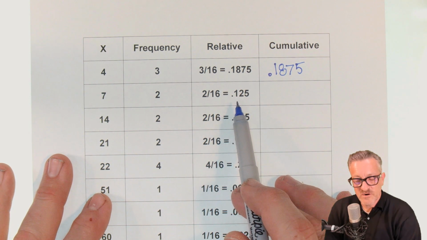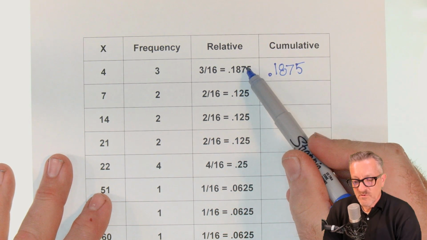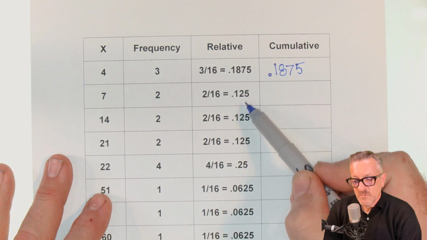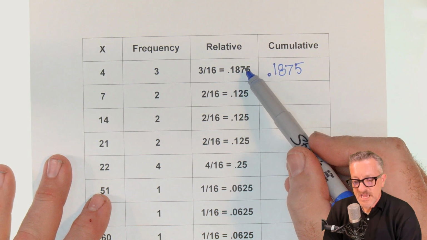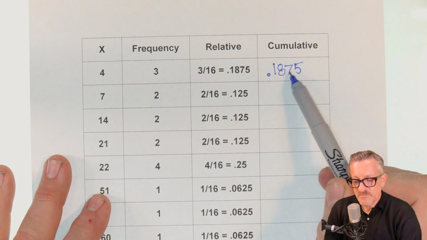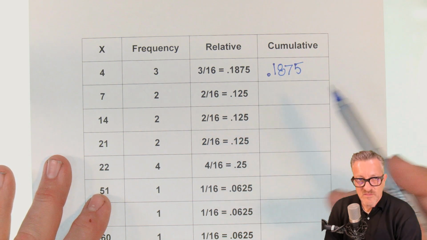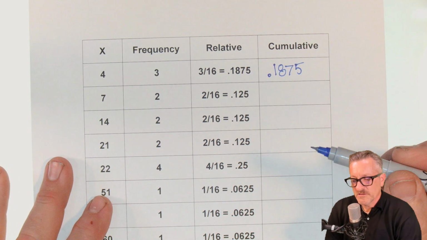That's the cumulative part. So when we get to this row, we add the prior to it, and we add the prior to it. Technically, you could just add them up like this, but if you just add this one out here to that with each one, you'll end up with the cumulative numbers correctly.